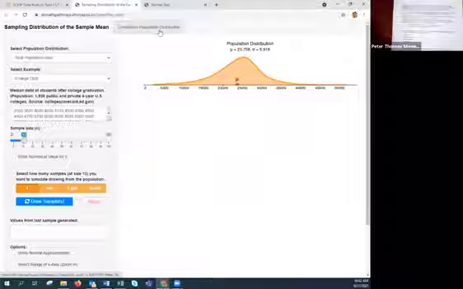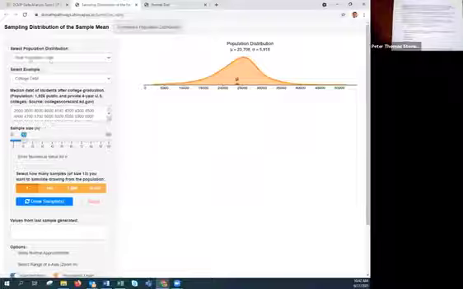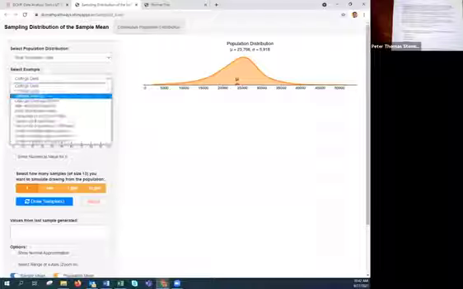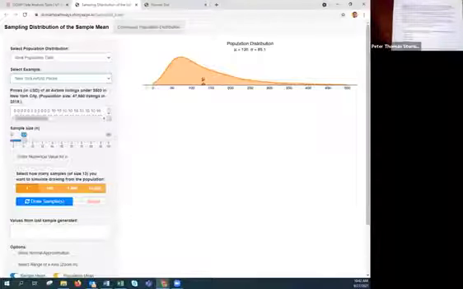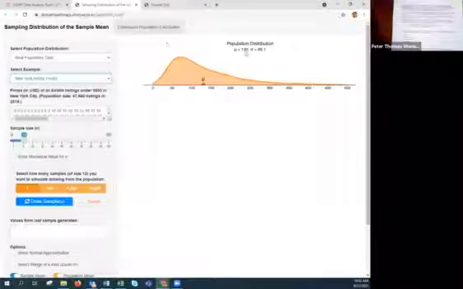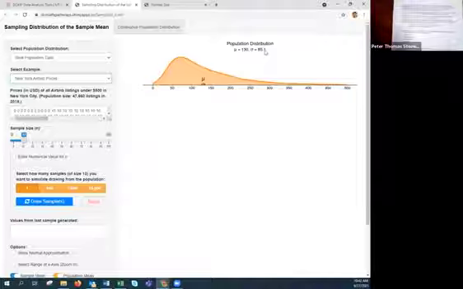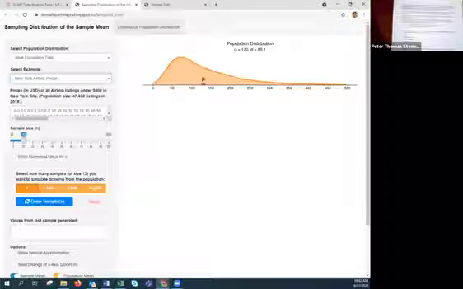Okay, so now what they ask you to do is select the population distribution, real population data, and then choose the New York Airbnb prices. If we go to Airbnb prices, which is right here, you'll see here's the population distribution with the mean of 130 and the standard deviation of 85.1. Okay, so let's sneak back to the lesson.